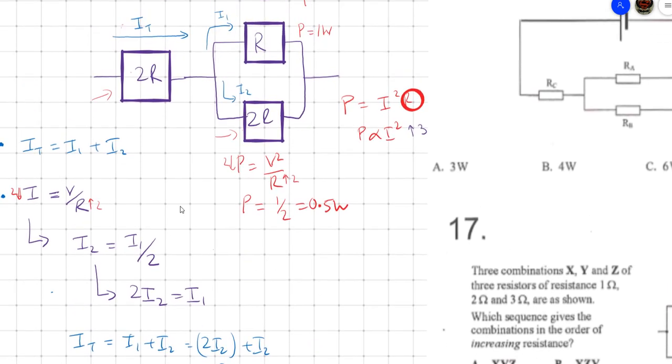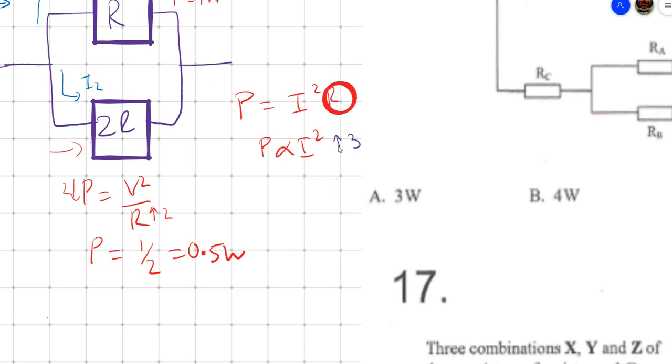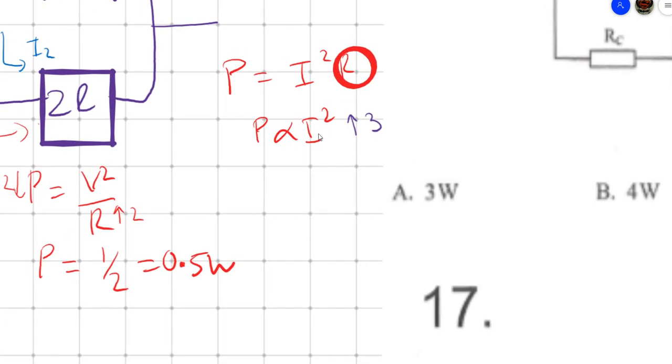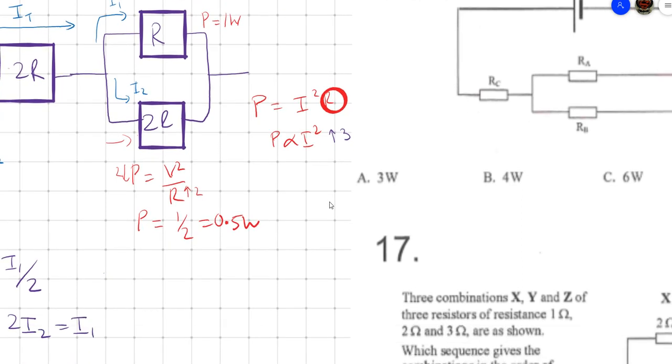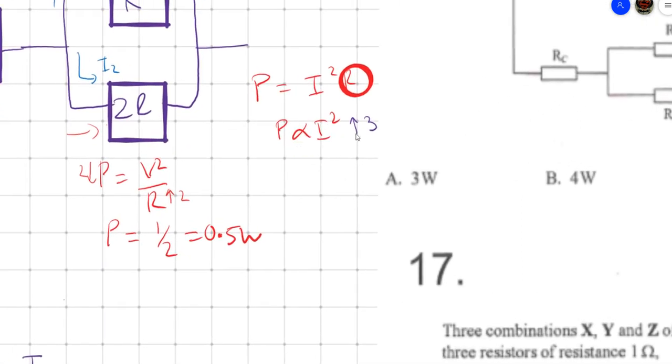So if the current is going up by 3, but power depends on the current squared, the power is going up by 3 squared, which is 9. Let me do this properly: as the current goes up by 3 times, 3 times the square is 9, so the power has gone up by 9 times.